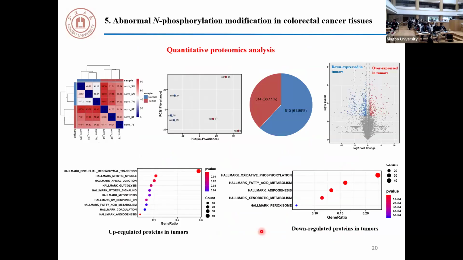Further, we applied this workflow to tissue sample analysis, and we performed proteomics and phosphoproteomics. As a result, over 8,000 proteins with quantitative information were identified in 3 pairs of colorectal cancer tissues. Over 300 proteins were upregulated in tumors, and these proteins are predominantly enriched in the EMT process, which is associated with tumor metastasis.